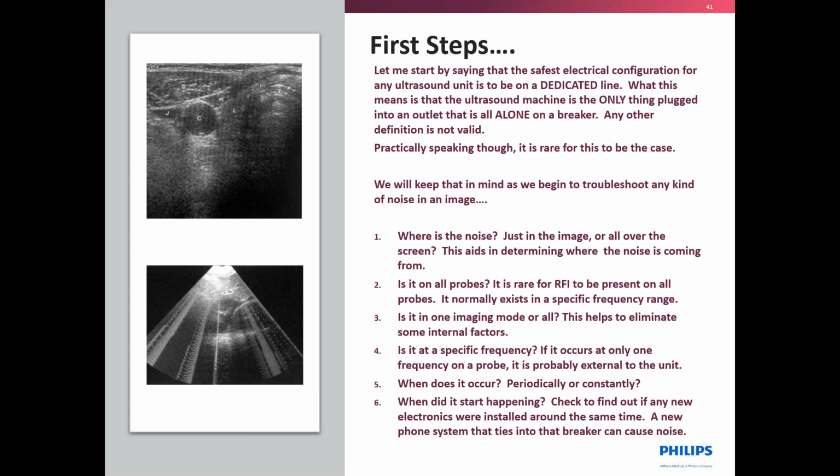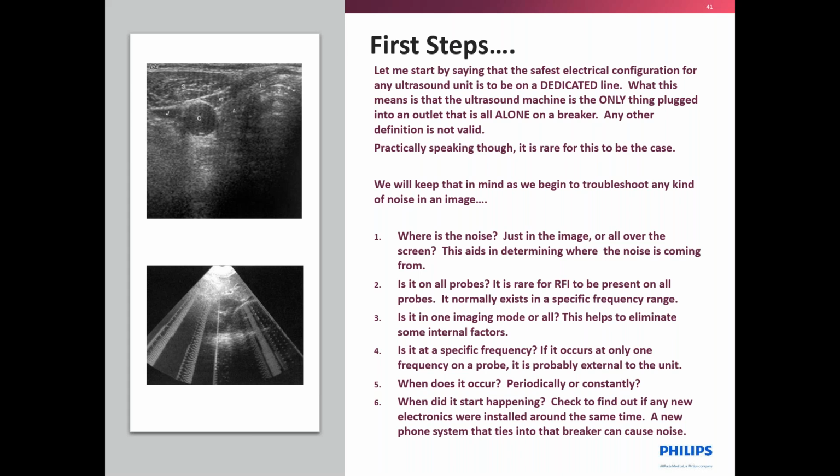So first you have to start with where's the noise, just in the image or all over the screen. This aids in determining where the noise is coming from. Is it on all the probes? It's rare for RFI to be present on all probes. It normally exists in a specific frequency range, so it'll show up on one or two probes, but maybe not on all of them.